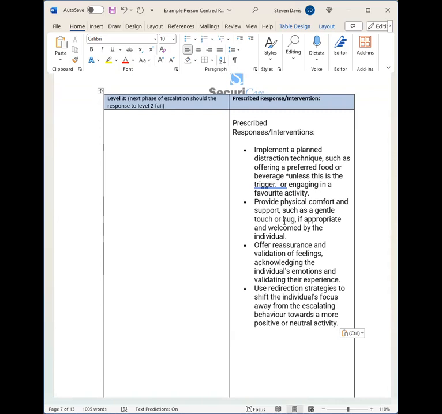So again, if we're going to touch and hug people, we need to be sure that it's safe to do so. It may be offering that reassurance, validating their feelings, or using those redirection strategies, so moving them away from something. And ideally, we would want that to bring it to the end. So moving them now physically away from that situation.